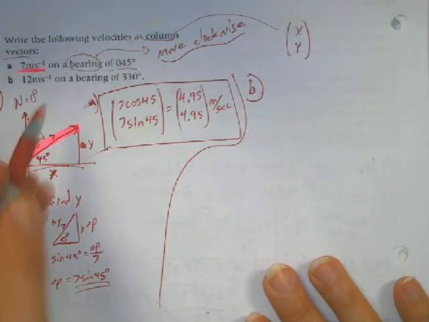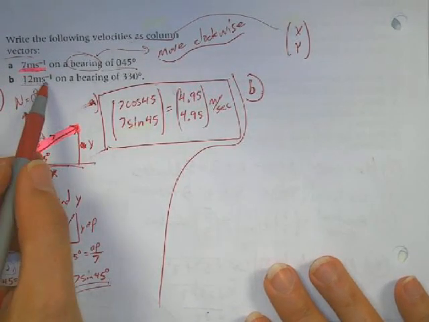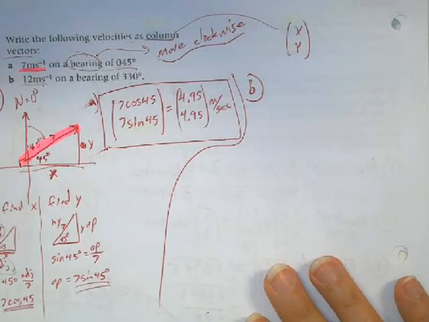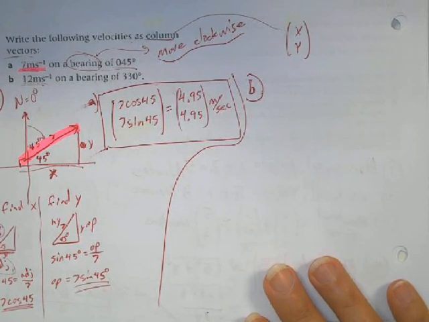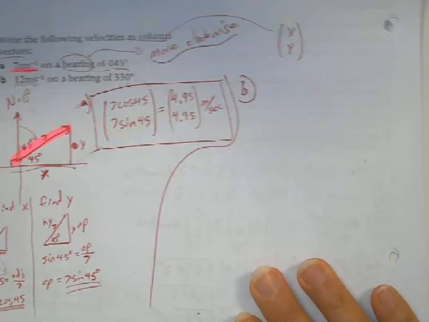So we know it's 12 meters per second at a bearing of 330.